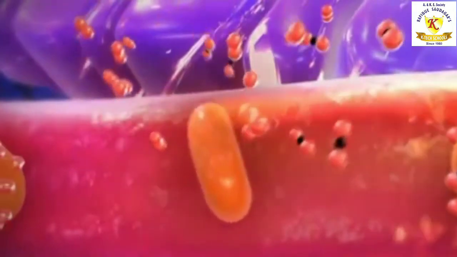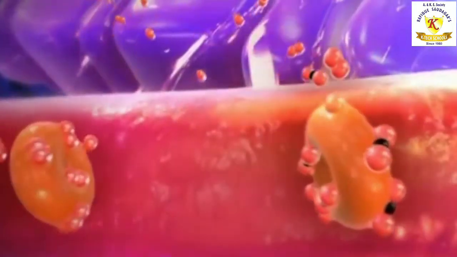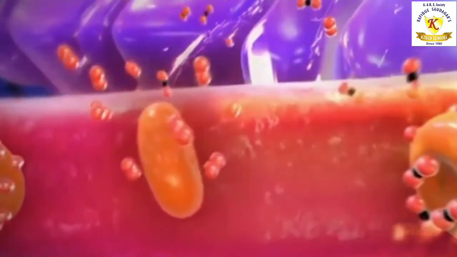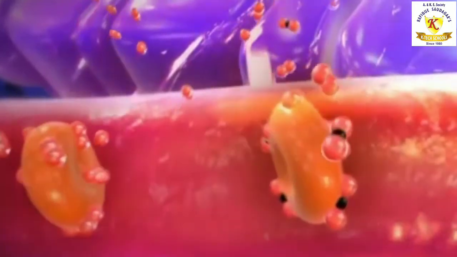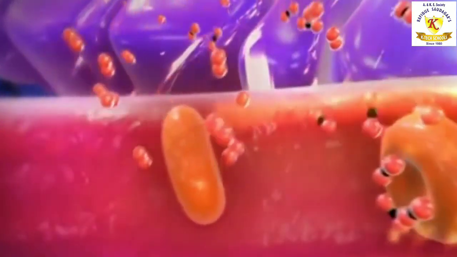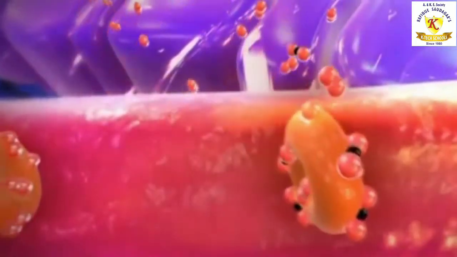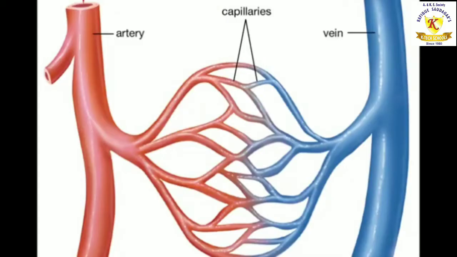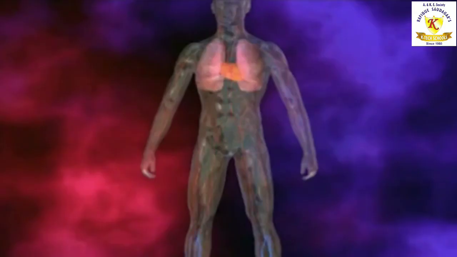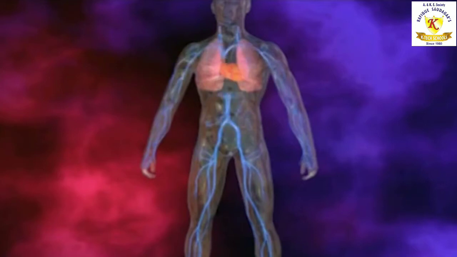The blood in which the released carbon dioxide and waste product is mixed is called deoxygenated blood, which is transferred from capillaries to the veins. Veins are thin-walled blood vessels which carry this deoxygenated blood to the heart.